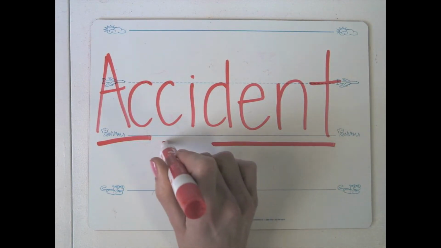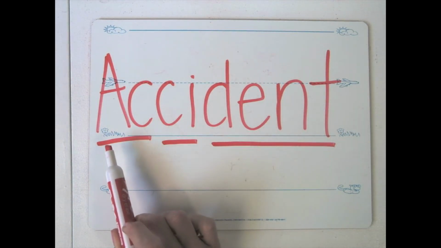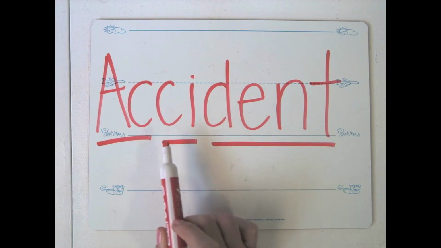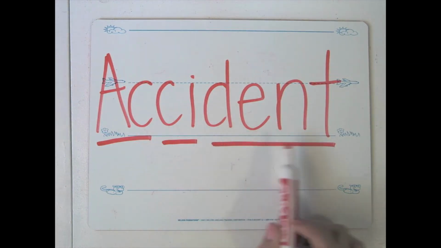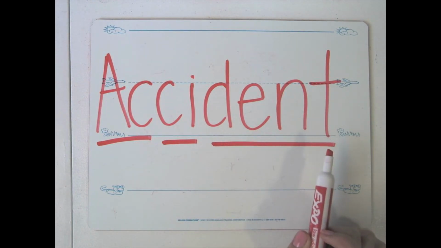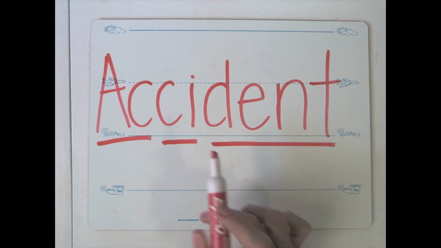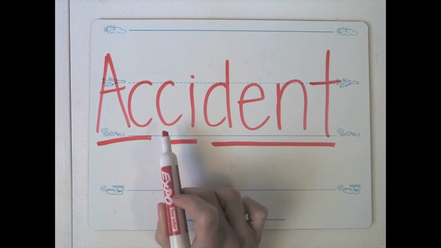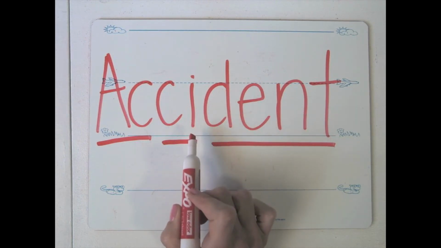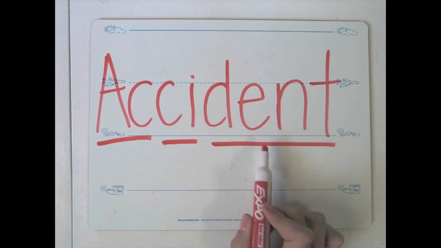Let's put these chunks together. Ak, K, I, dent. Does that make sense? I don't think so. In this word, the letters C and I sound like C. Let's say this word.